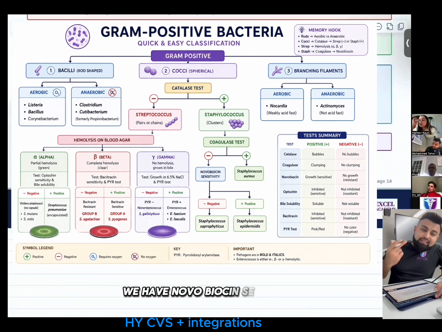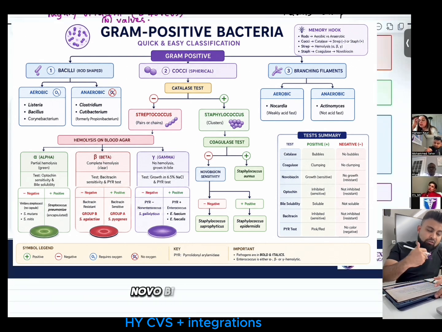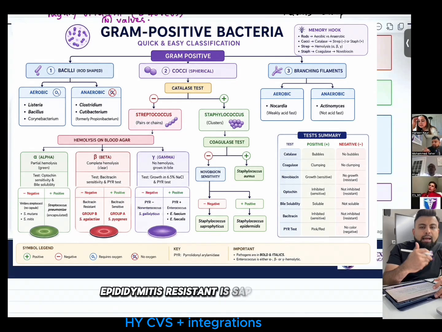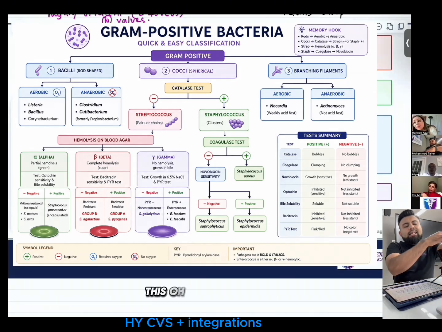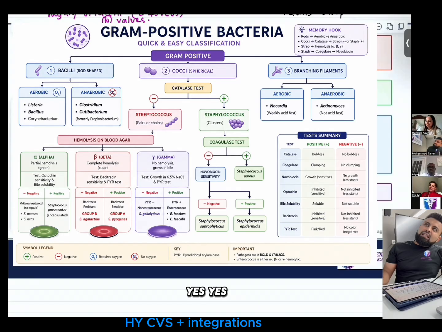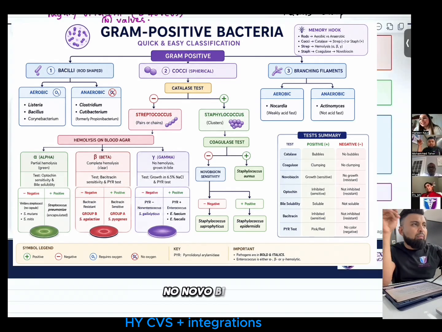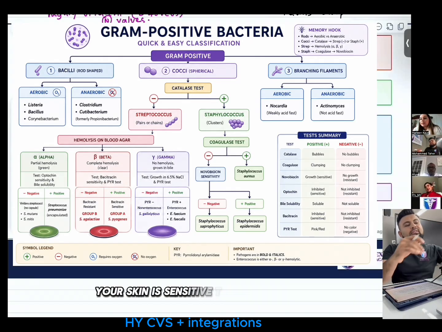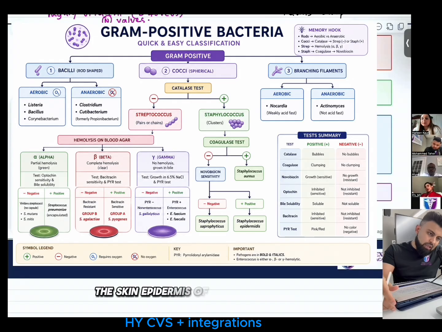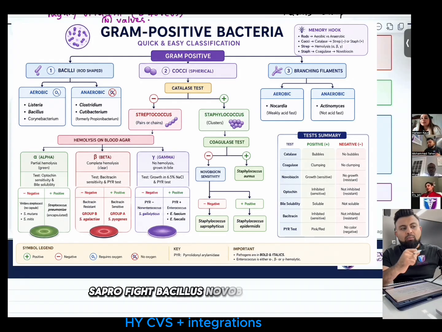So we have novobiocin sensitive and novobiocin resistant. Novobiocin sensitive is epidermidis, resistant is saprophyticus. You can remember like this: the skin, the epidermis of the skin, is sensitive. Saprophyticus is novobiocin resistant.